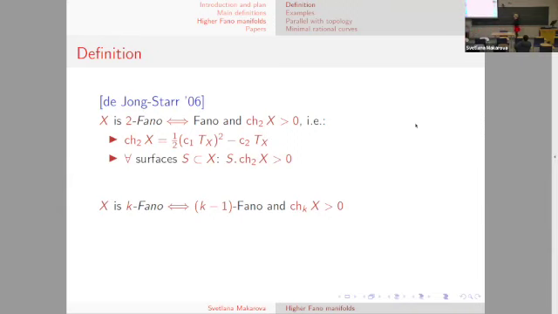So I would write it as CH of V is going to be CH0 of V plus CH1 of V plus CH2 of V, and so on.